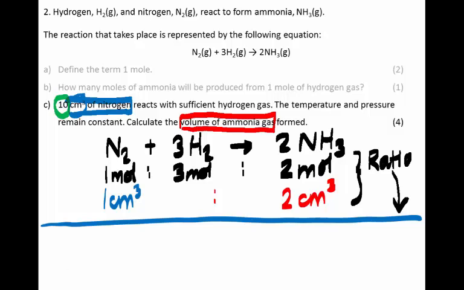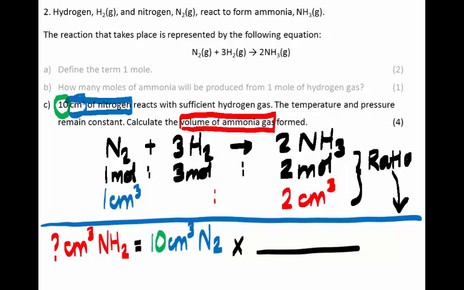And realizing this simplifies the procedure a lot. Question is, what's the volume? Now we can give it in any unit we want actually. Let's give it in centimeter cubed. How many centimeter cubed of ammonia gas is formed from 10 centimeter cubed of nitrogen gas?